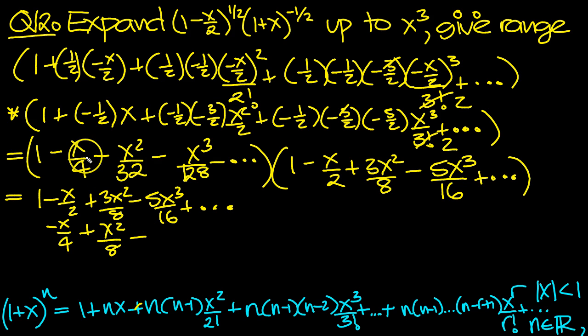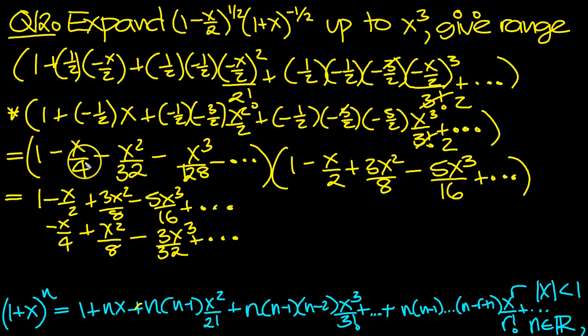We've got minus 3x cubed on top. And then it was 4 times 8 is 32 underneath. So let's just check that. Minus x over 4 plus x squared over 8 minus 3x cubed over 32 plus dot dot dot.